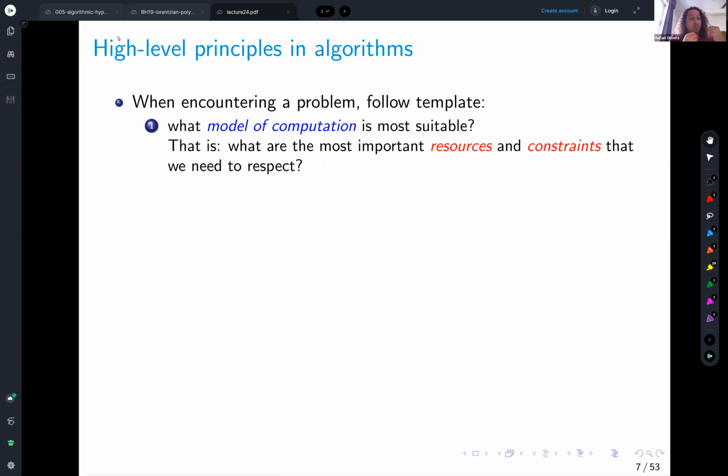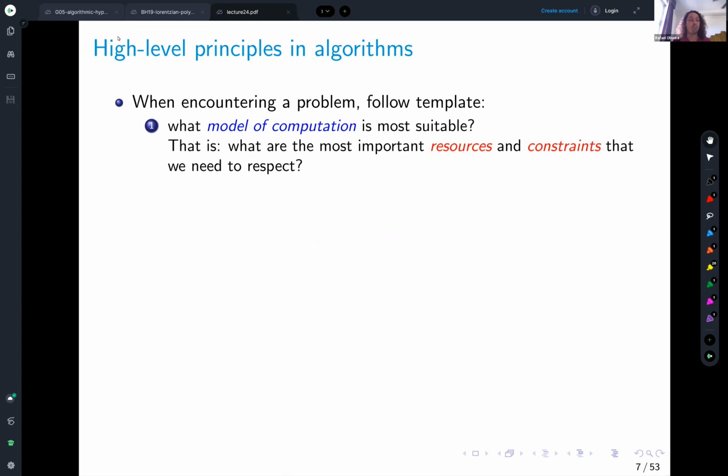Because the same problem can actually have many models of computation for which it is suitable, and those can have application in different areas, right? Because sometimes you can have the same problem, but then you can ask, well, what are my algorithms? Can I use distributed algorithms, or do I need to solve this problem on one computer, for example, right?